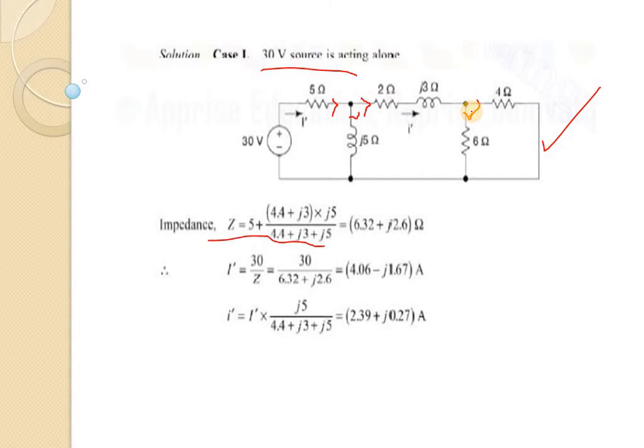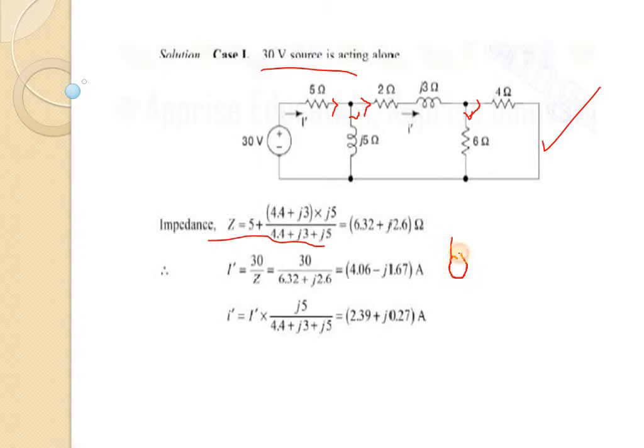So definitely the 4 and 6 ohm branches are in parallel connection. So it will be 4 parallel 6. First we will calculate this, then this 4 parallel 6 will be combined here. So the circuit will be like this.